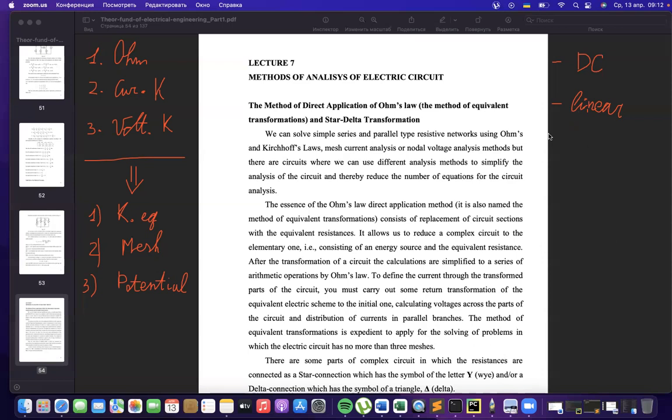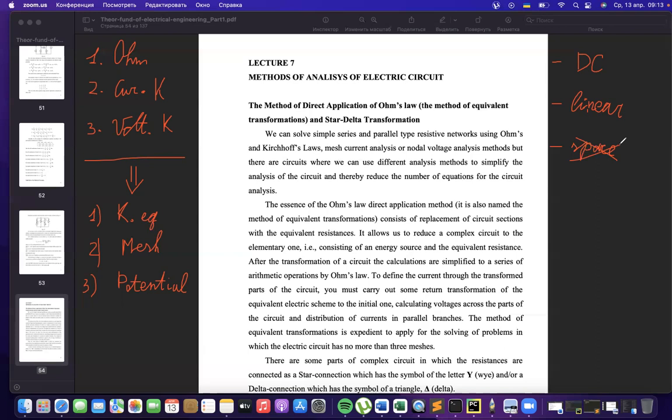And also, we neglect any spatial parameters. We neglect that our element inside the system has any spatial dimensions, any lengths or something else.